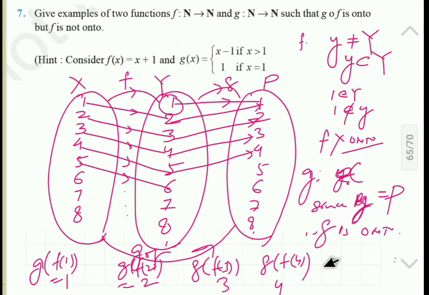So we can say g∘f is onto, because the set P is fully exhausted. We have 1, 2, 3, and 4. So we have proved that g∘f is onto, but f is not onto. Correct? Next question.